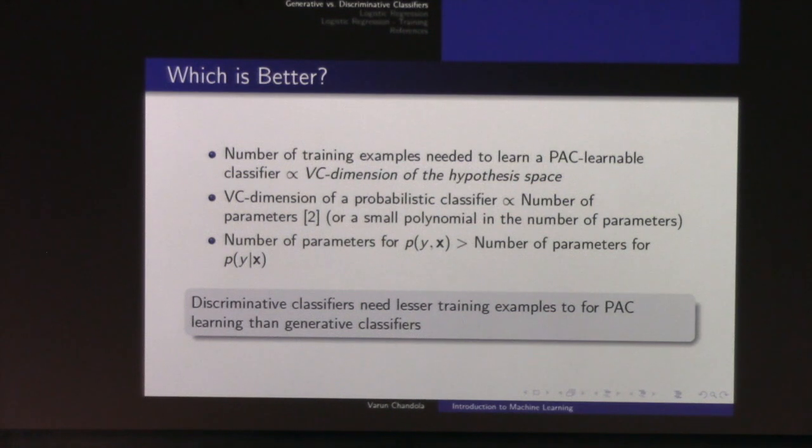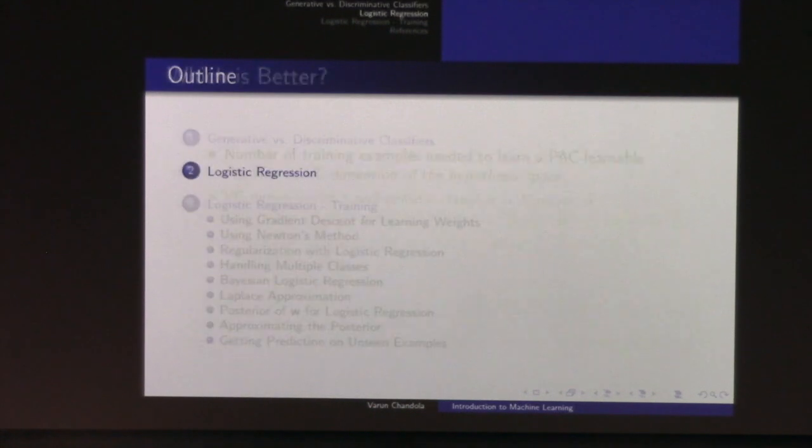More complex classifiers or more complex models tend to make more mistakes in future, so they are poor in generalizability. That is the idea behind generative and discriminative. It's not part of this course, but it certainly is a very interesting, fascinating line of research. So that is a general discussion of generative and discriminative.